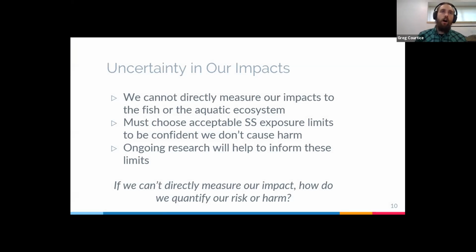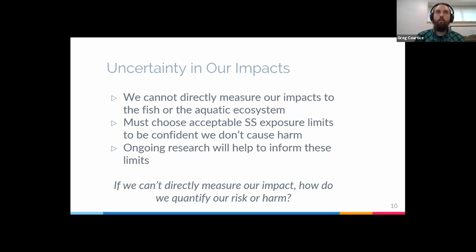So ultimately, what we're faced with is we can't actually directly measure our impacts with these projects. It's just not possible. We would need to measure the effects on each individual fish that are exposed to our plume. That's an impossible task. We don't know how many fish are going to be in the given area, and even measuring that would probably cause impacts on the fish.